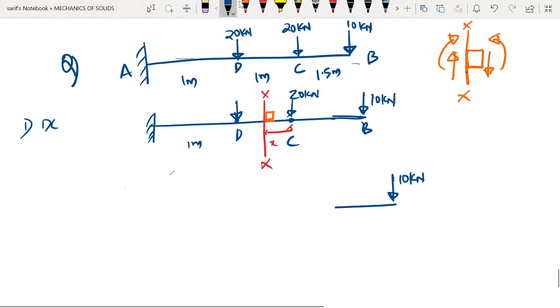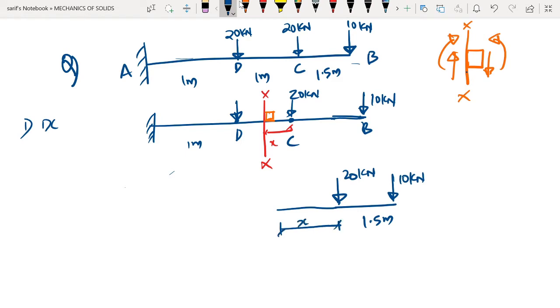If we try to draw the free body diagram to the left, this will be 20 kilonewton and this is 1.5 meter. This distance would be x, so this is section XX, and this will be Vx, this would be Mx.